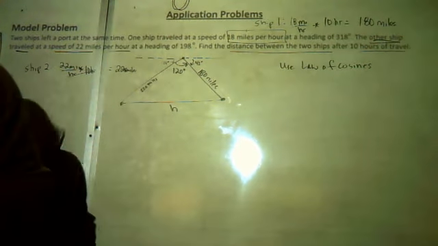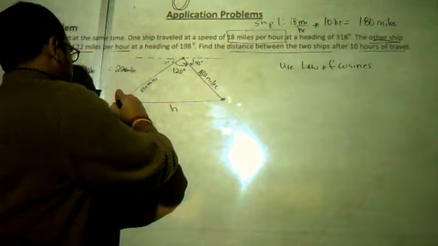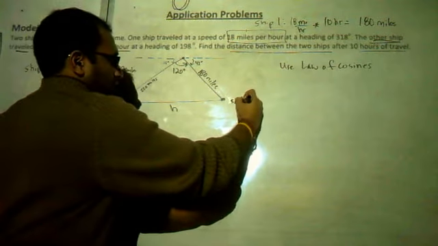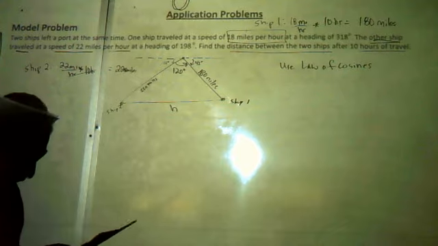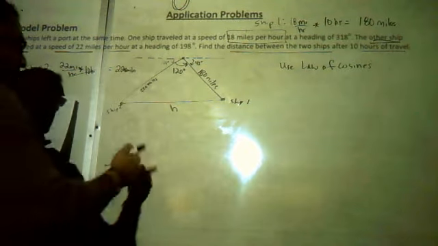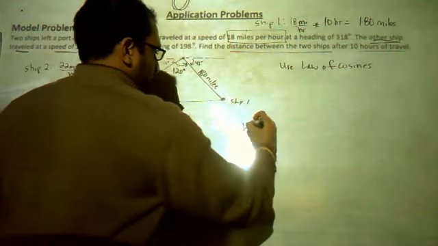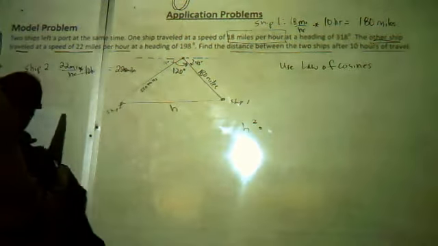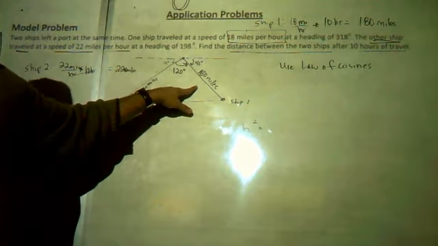We're going to be able to solve for the distance between the two ships. So let's call this the value that we're looking for. So you know that h squared is equal to our two sides, a squared and b squared.